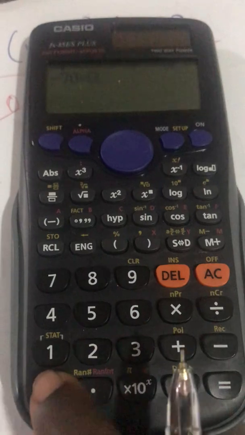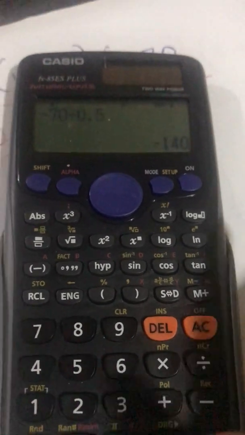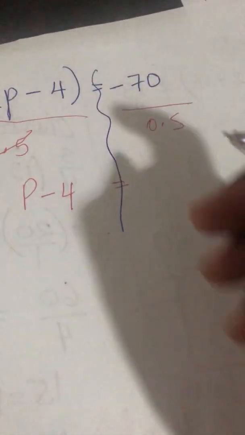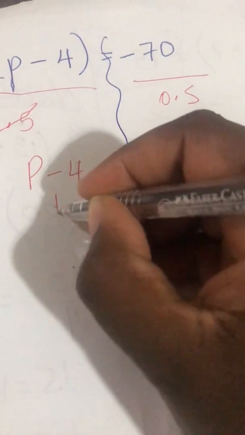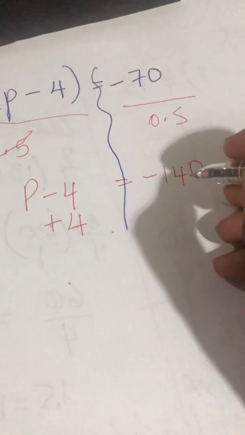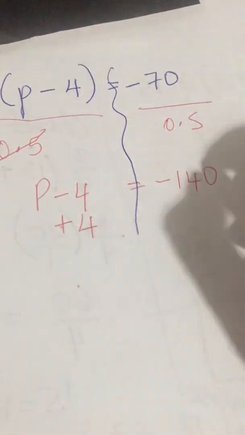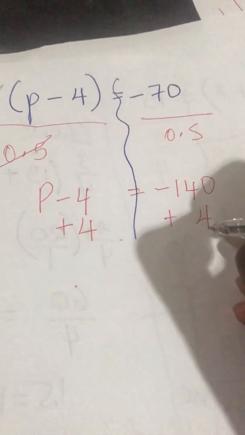P minus 4 equals negative 70 divided by 5/10, which equals negative 140. Then addition property of equality, because here we are minusing, so we'll add 4 to both sides.